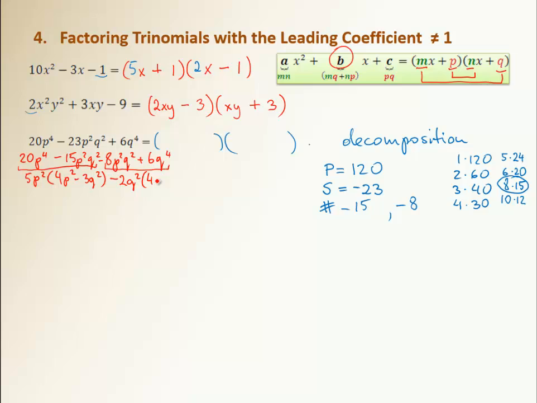And what's left? 4p square minus 3q square. And finally, as you can see, this is the common bracket. That was our goal, to have such a common bracket. You can write this common bracket as one factor and the remaining part, which is 5p square minus 2q square, as the other factor.